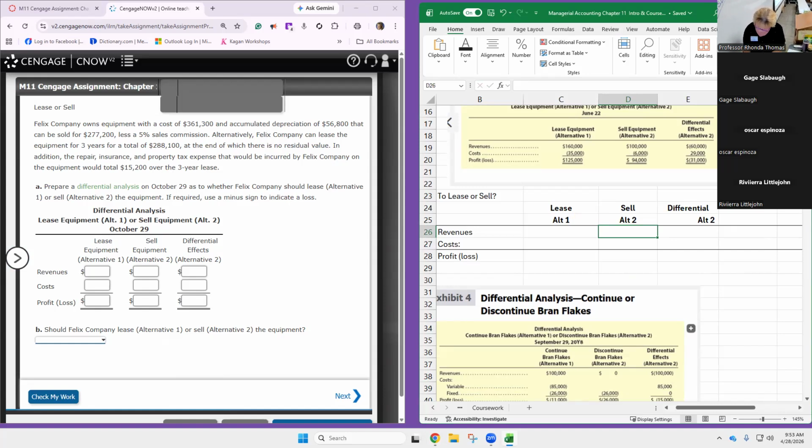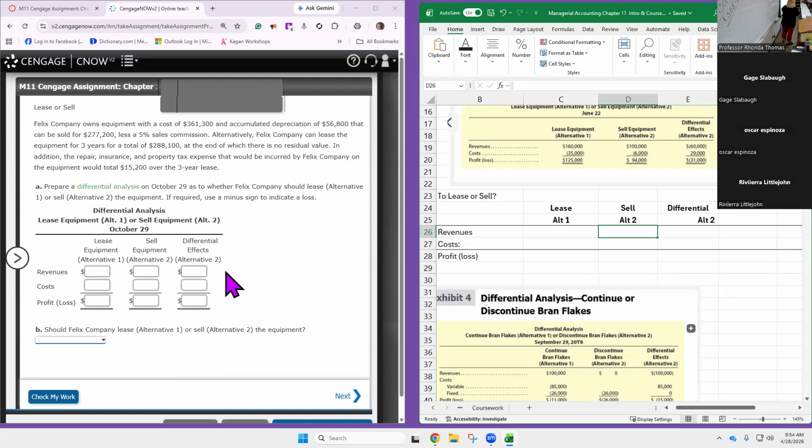Okay, so you say, well, I don't see any sales numbers here. Well, here it is. It can be sold for. So if you own the equipment, we're going to put this under the sale or the sell column. Let's put a positive number. And remember, some of these differential analyses are going to require revenues and costs.